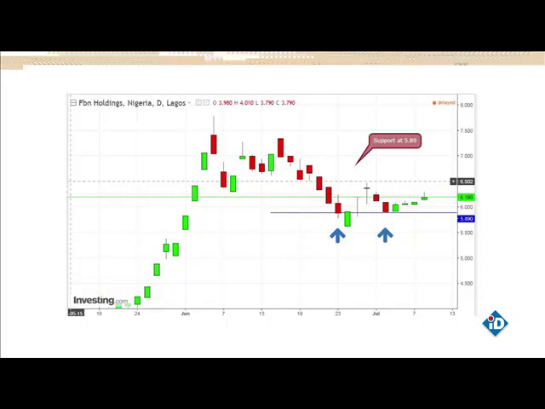What happened? Watch this line. Did we come back to test it, before you can think of further selling? So even if you bought at a support level, they will always tell you the principle of support becoming resistance. When a support becomes broken, it will become resistance. Price will come back to retest it.